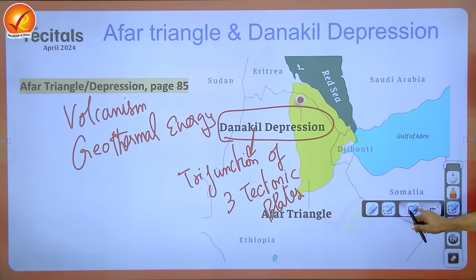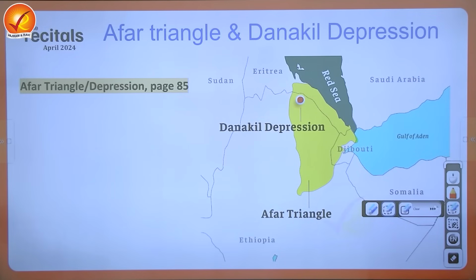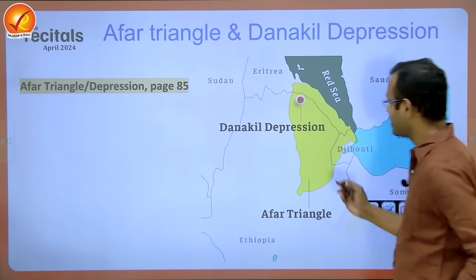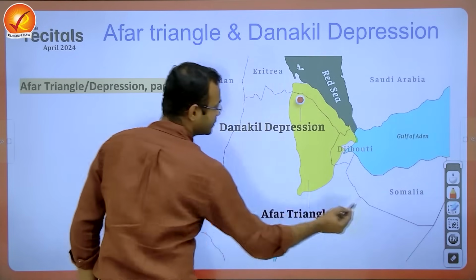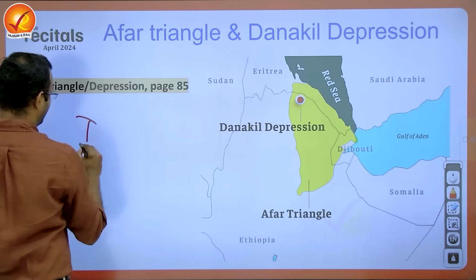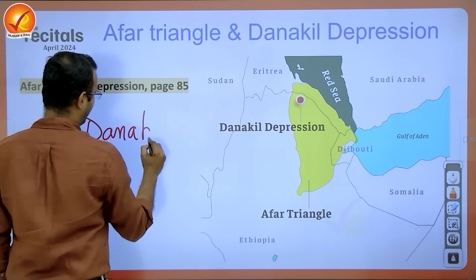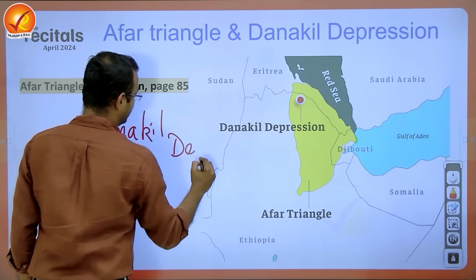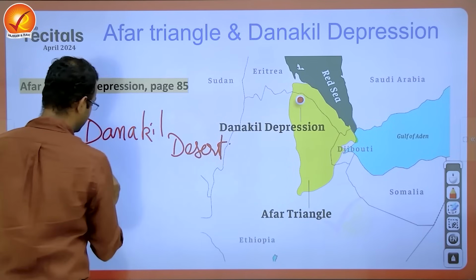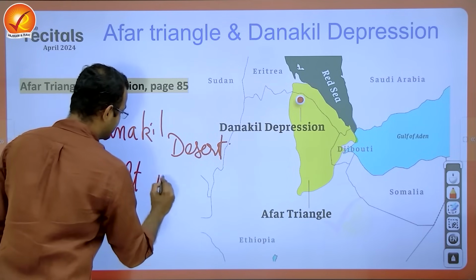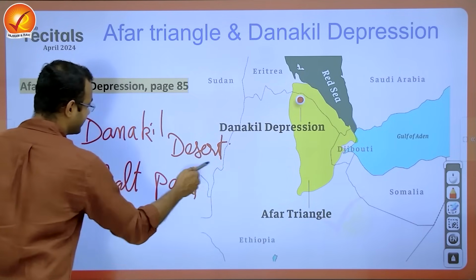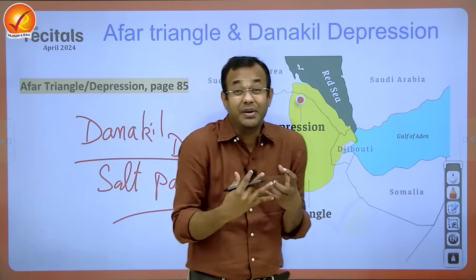And we also have the Danakil desert and salt pans. See, this is because of the climate of the region.